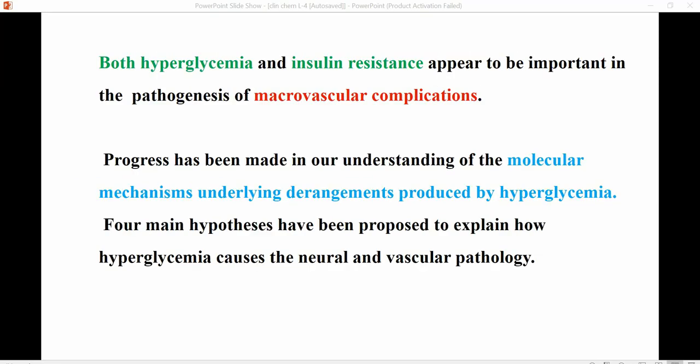On the other side, both hyperglycemia and insulin resistance appear to be important factors for the development of the macrovascular complications. According to previous and current studies, several hypotheses have been developed to explain the wide range of complications of diabetes. By these, we consider the chronic complications.